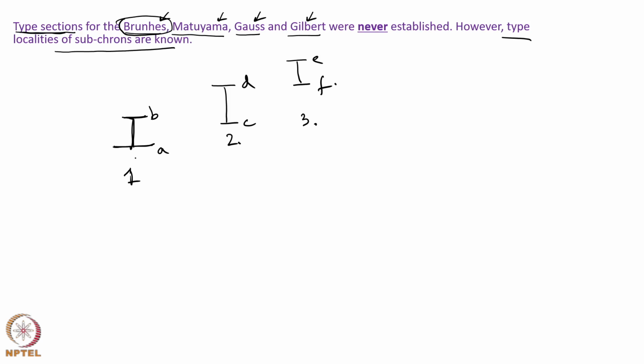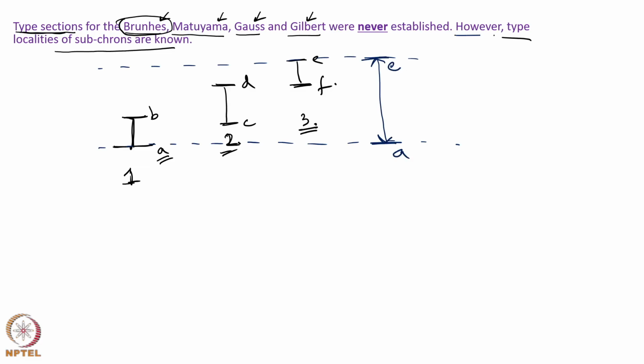So, we say type locality of subchron, then at type locality 2 from C to D, and in type locality 3 F to E. So, from these type localities one can establish the complete range of Brunhes from A to E. This is the meaning that the type localities of subchrons are known, but the type section for the Brunhes and the others are never established on the earth's surface.